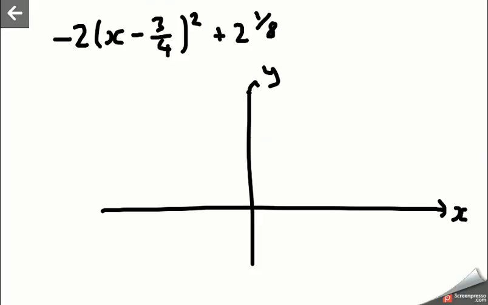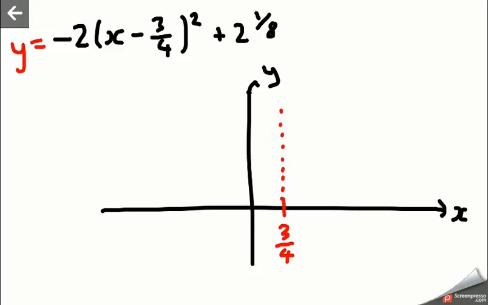Anyway, enough rambling. So our parabola has the turning point x equals 3 over 4, and when x is equal to 3 over 4, we have y, I forgot to write y equals negative 2 times 0 plus 2 and 1/8.